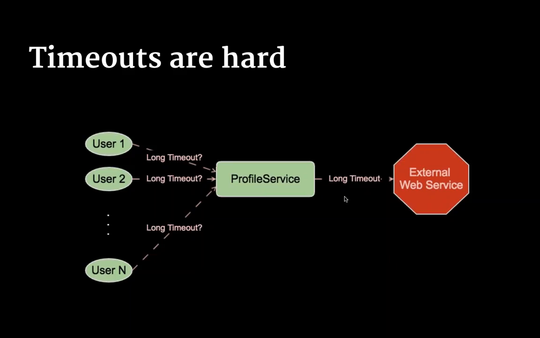Okay, so now that long timeout between my service and my web service is being propagated back into the clients of my profile service. That's not very good, because we'll typically see two types of behaviors. One will be that people just leave, right?